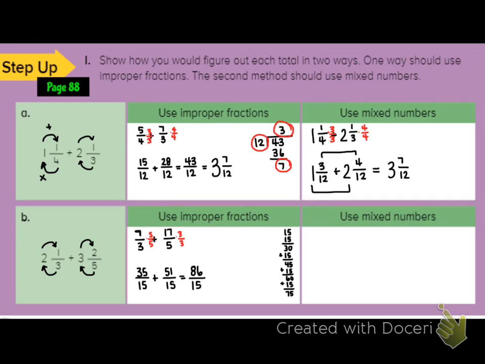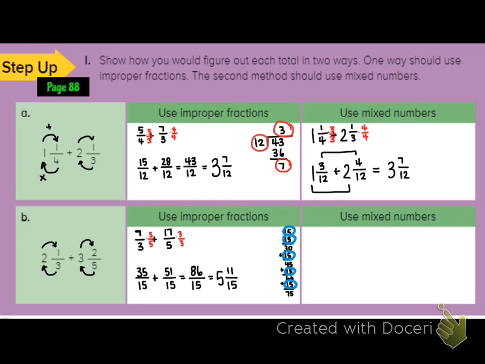So when I count them, I had 1, 2, 3, 4, 5 15s got me to 75. So 5 whole 15s. And then if I take 75 away from 86, I get 11 15ths. And when I check 11 15ths to see if it can be reduced, it can't be, so I know my answer is 5 and 11 15ths.